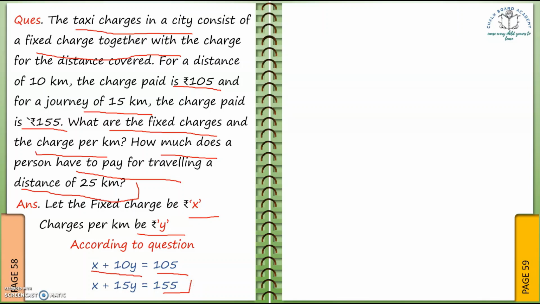Now here we can simply do the elimination method, because in both equations the x variable is equal. So we are going to do the elimination method, and for that we have to again do some sign changing. So here we are changing the sign. So x is negative here, then here it is negative, and then here it is negative.